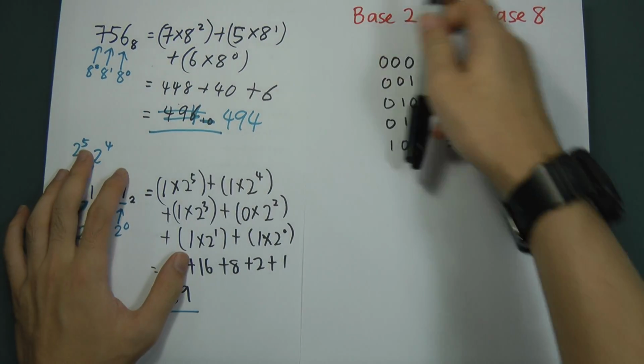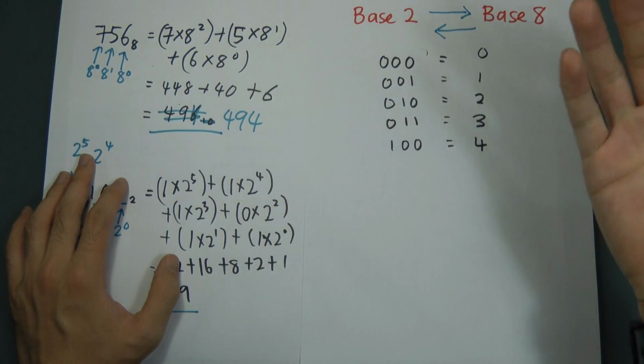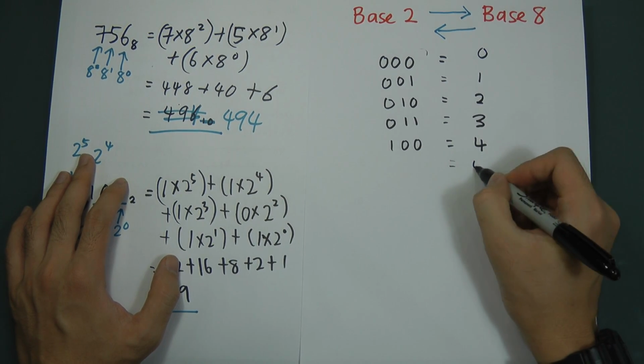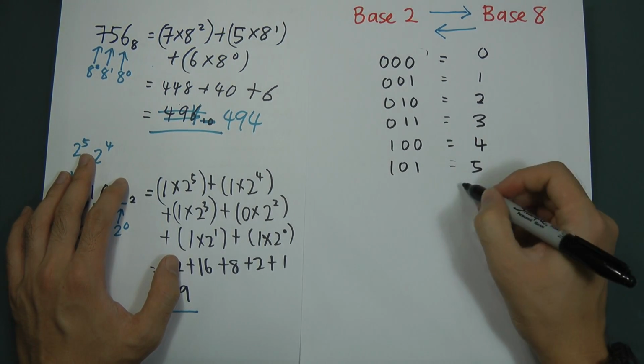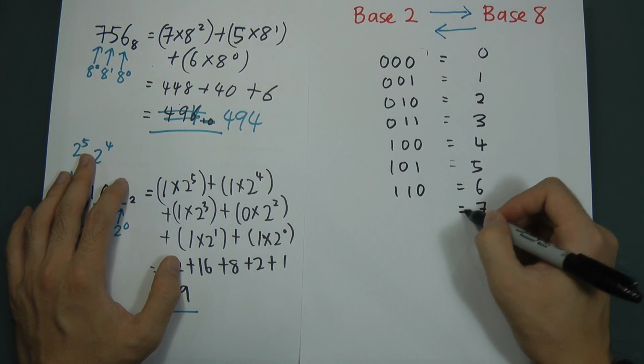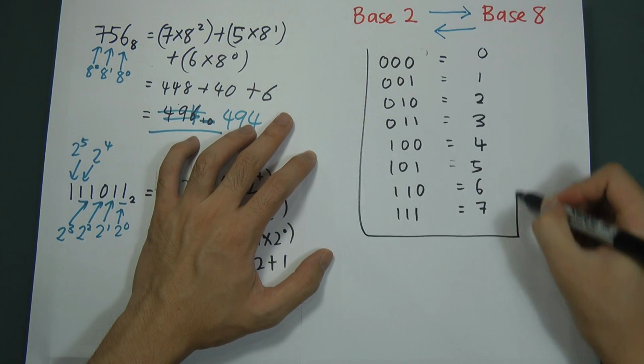Of course, you must understand why 1 plus 1 will get 10, because in base 2 you cannot see 2. 1 plus 1 is not equal to 2, it's equal to 10. So I do it quickly. So 5 will be 101, 6 will be 110, and 7 will be 111.